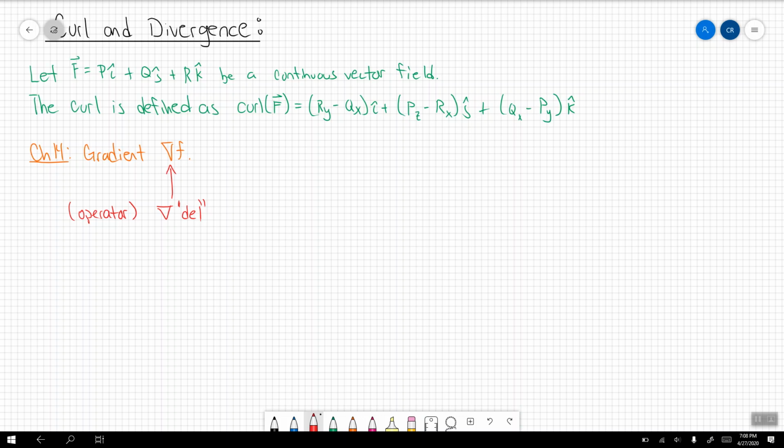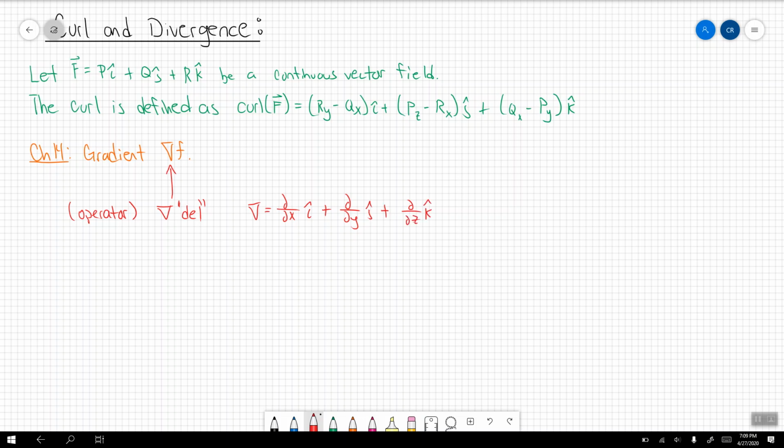Del operates on a certain vector field, or on a certain function, a certain way. The way we define del, or the way we're going to be working with del, is that del is just partial derivatives. That's all del really is at the end of the day. It's the operation that takes derivatives.